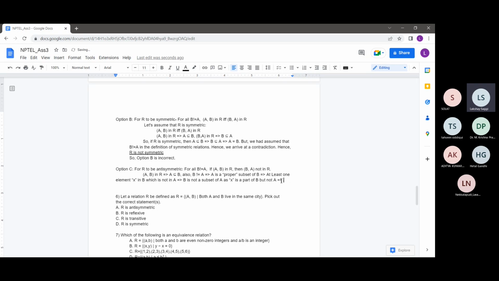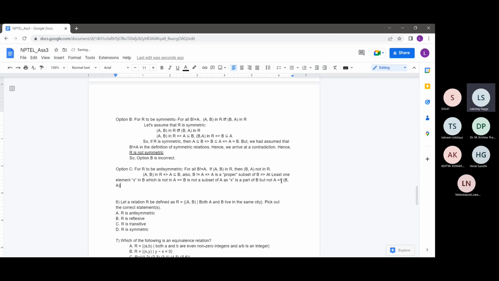This implies that B comma A is not in R. I hope you guys can see why, because for B comma A to be in R, B should be a subset of A. But since we have shown that B is not a subset of A, B comma A is not in R. Hence R is actually antisymmetric.